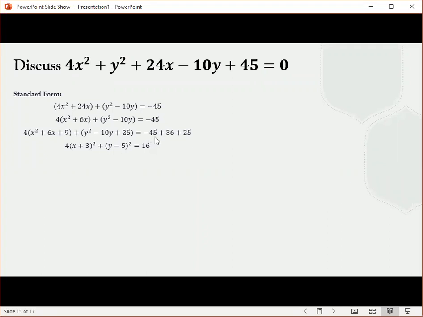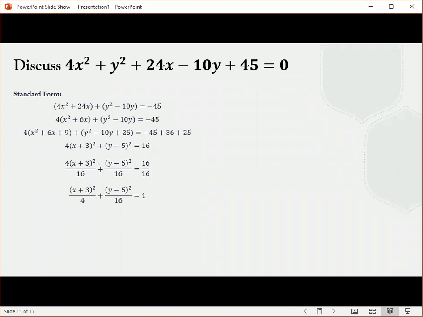We have here negative 45 plus 36 plus 25, you'll get 16. And then we make sure that the right-hand side of the equation is equal to 1. So you multiply both sides by 1 over 16. And then simplify. So you have the square of x plus 3 over 4 plus the square of y minus 5 over 16 is equal to 1.